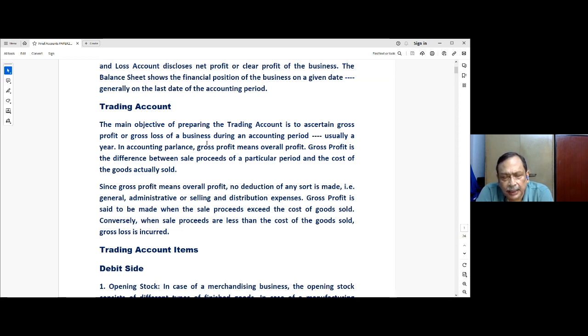Gross profit is said to be made when the sale proceeds exceed the cost of goods sold. Conversely, when sale proceeds are less than the cost of the goods sold, there will be a gross loss. That is the gist of the trading account, the main perception.